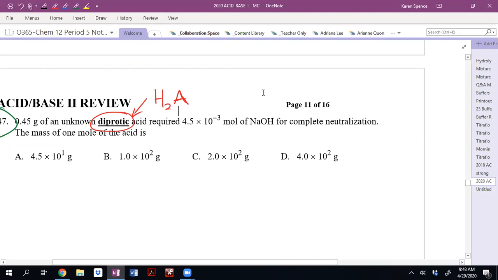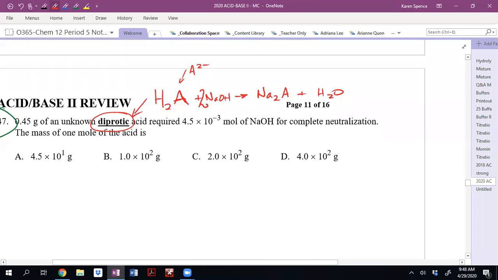And so let's do a balanced equation. H2A plus NaOH gives us, that's going to mean our charge on the A is 2 minus, so we'll have Na2A plus water. And that means we're going to need a 2 right there.